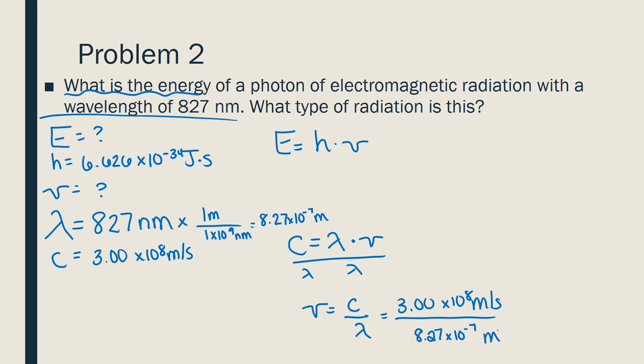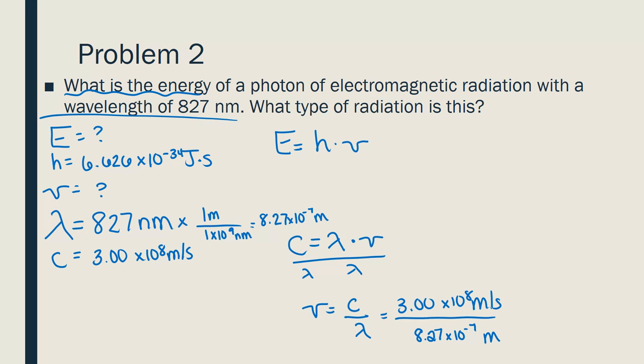As you take a look at this, you can see that we now have meters lining up to cancel. Hopefully you get in that routine that if units don't cancel, you need to go back and make corrections and make sure your units are lining up to cancel.